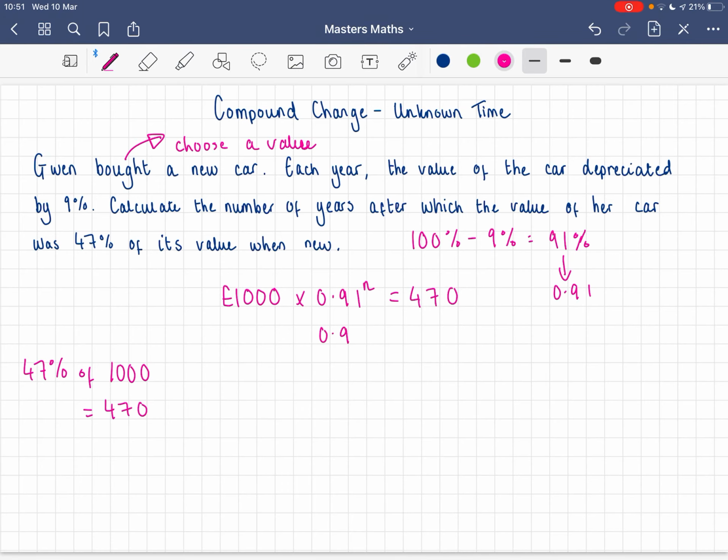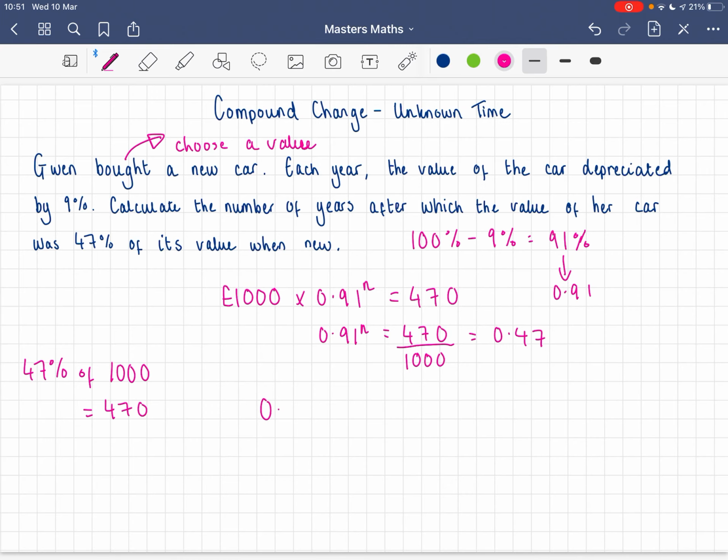So we're going to divide by that 1,000 to get 0.91 to the power of n is equal to 470 divided by 1,000, which is 0.47. Isn't it? Yeah. 470 divided by 1,000 is 0.47. Okay. Maybe I've overcomplicated that. Never mind.